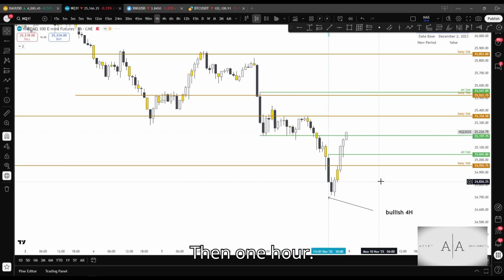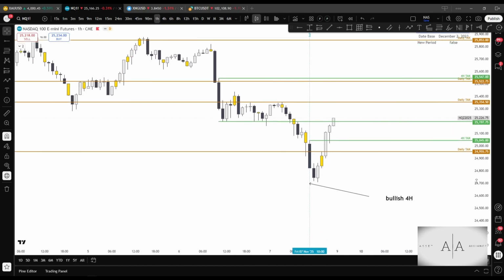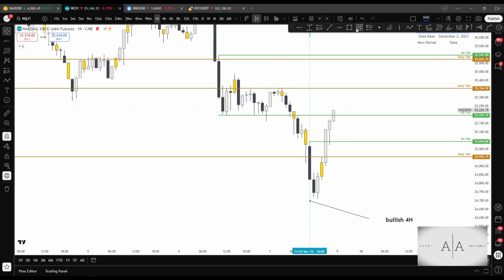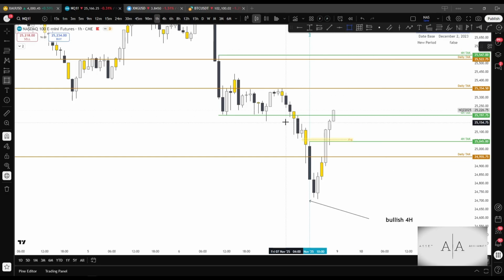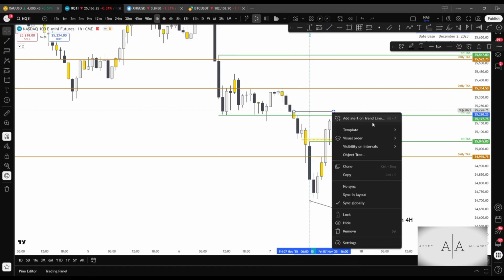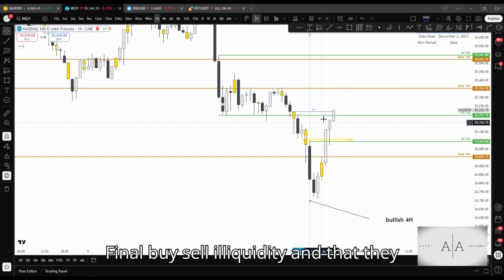Then 1 hour. Inverse value gap here. This is a buy side liquidity. Final buy side liquidity of that day actually.